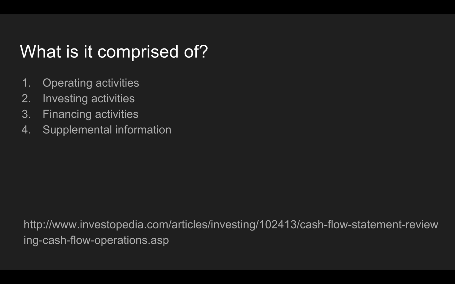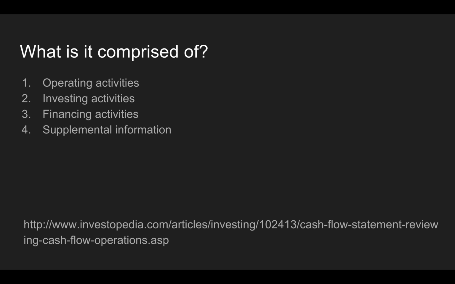So a cash flow statement is really comprised of four different sections. There are the operating activities, so this is cash that comes from operations, selling a product or service. The second part is investing activities, so if you've invested into another company, or just any type of investment.